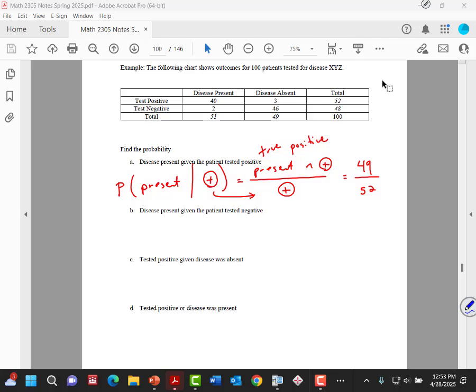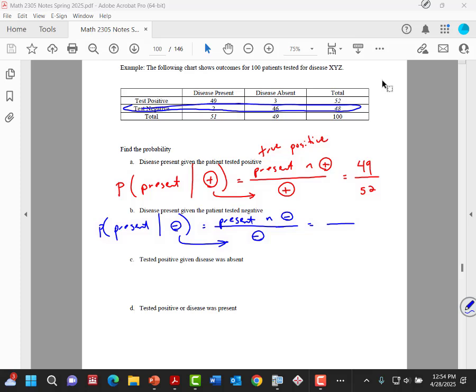B, disease present given the patient tested negative. So probability present given negative would be present and negative over the piece that's given goes in the bottom, so negative. Okay, so how many total people tested negative? That would be 48.